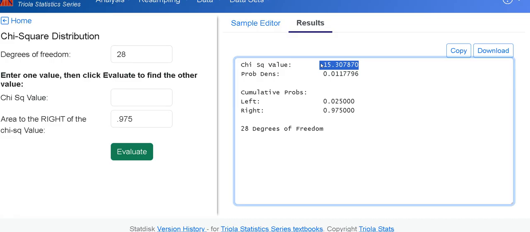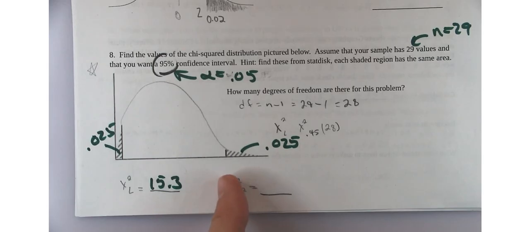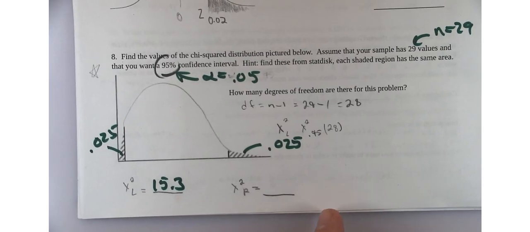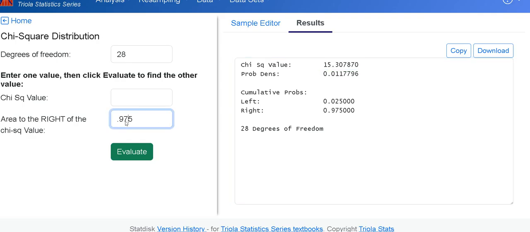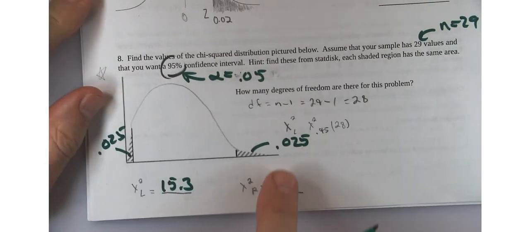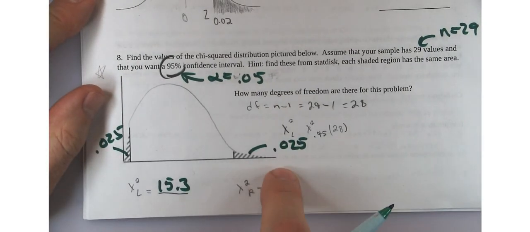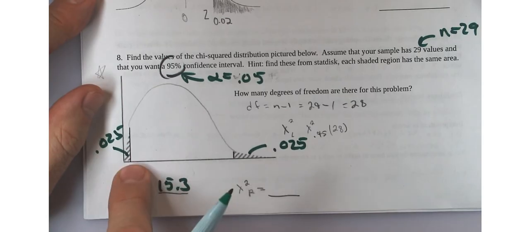Let's do chi-square sub R. How much of the area is going to be to the right of this? Will it be the same? No, it's not going to be the same. How about 2.5%? So I'll change that to 0.025. Now, should my value here be bigger or smaller than my value here?